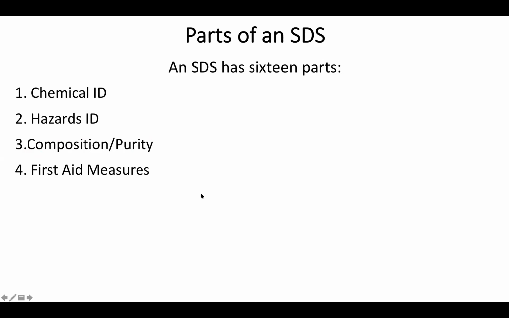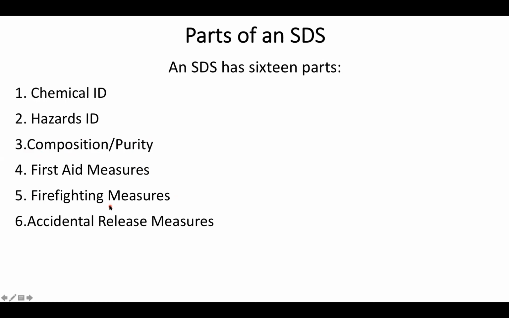So response measures are often going to be included on the SDSs, including both first aid and firefighting. And, well, is there anything else I should do to prevent it from getting out in the wild? This one can be incredibly important sometimes, like with mercury. And similarly, what do I need to do to prevent things from going wrong?